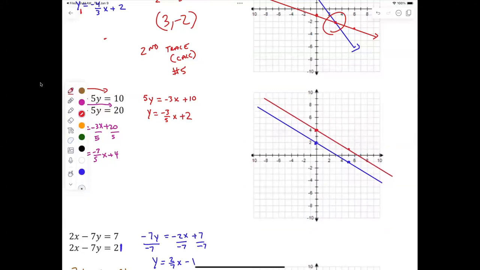So what I need you to do is write parallel lines. No solution.